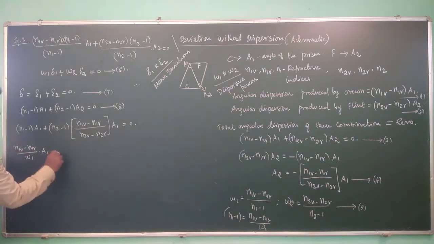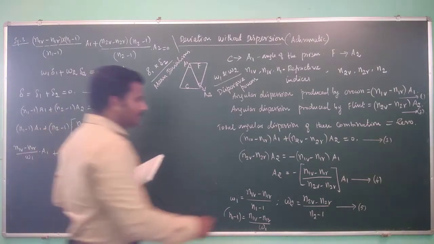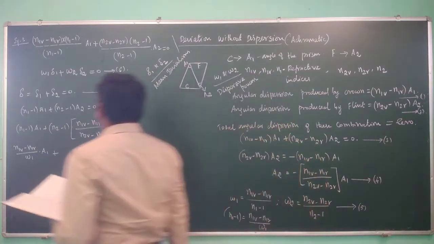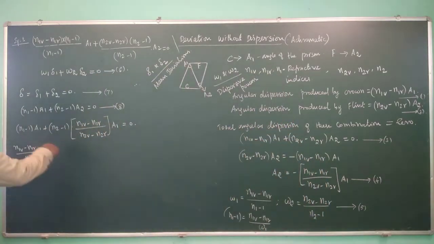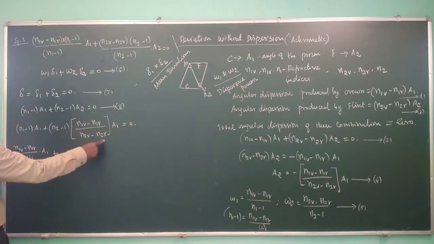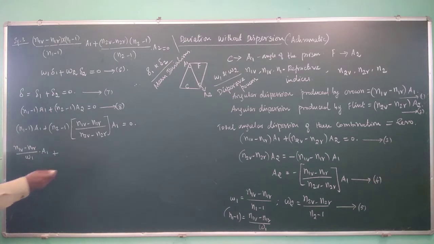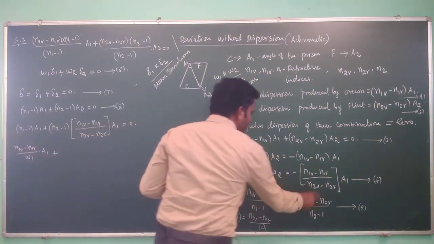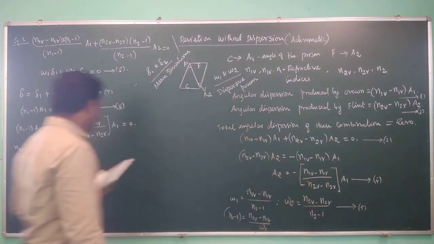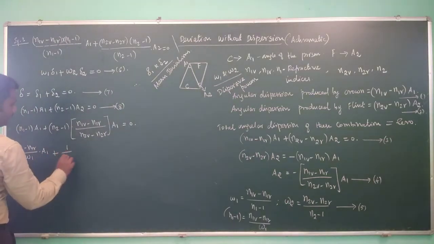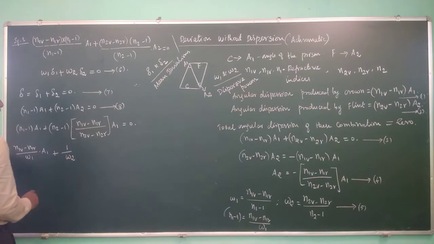Plus here, what is omega 2? N2V minus N2R by N2 minus 1. But what is here? Reverse. N2V minus N2R is in the denominator, while N2 minus 1 is on the numerator. So it is nothing but flipped, the reciprocal of omega 2. That is, here we are having 1 by omega 2.